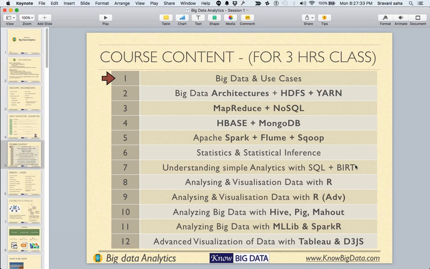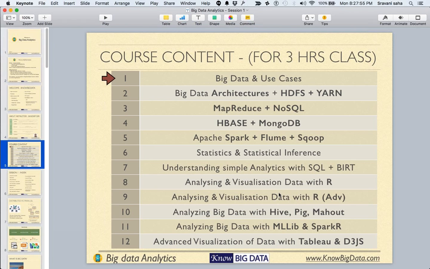So everything which needs to be done for big data and analytics. Big data means the entire technology landscape, and analytics comprises statistics, SQL, R, and even a little bit of BIRT, plus the presentation.